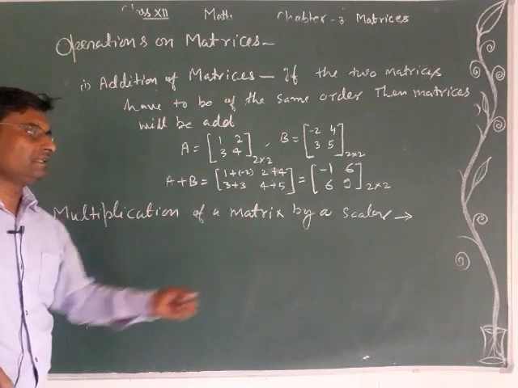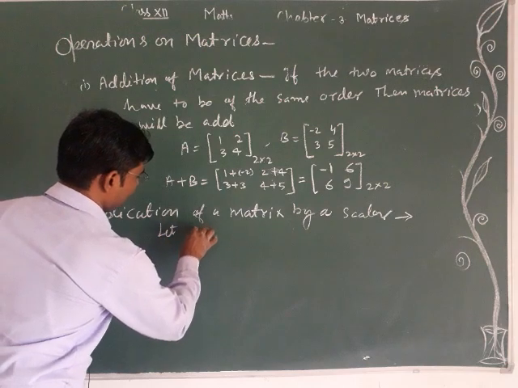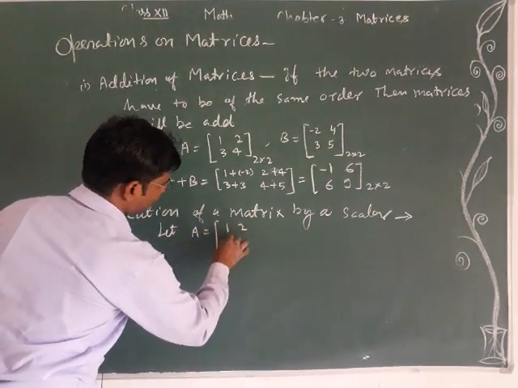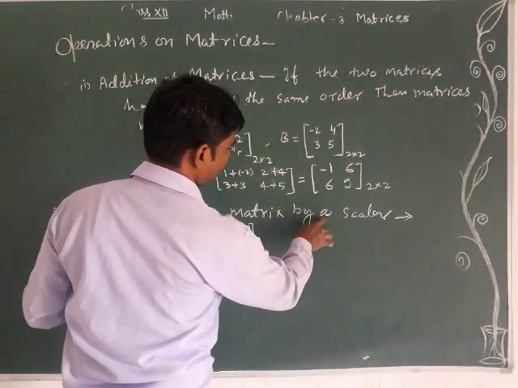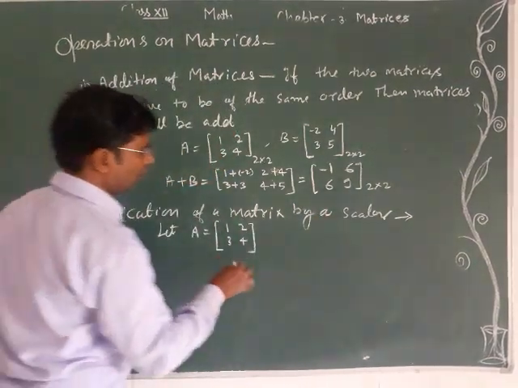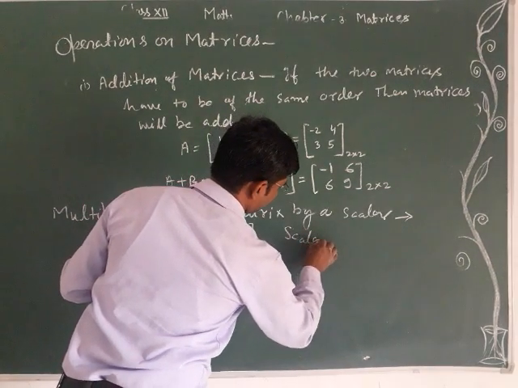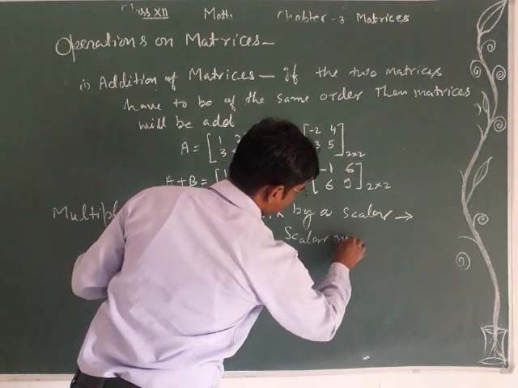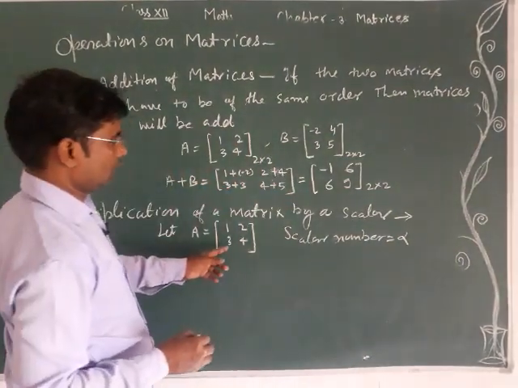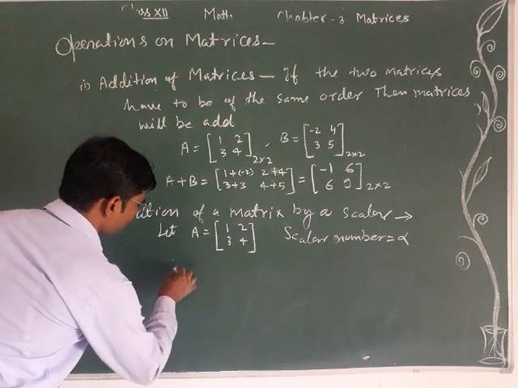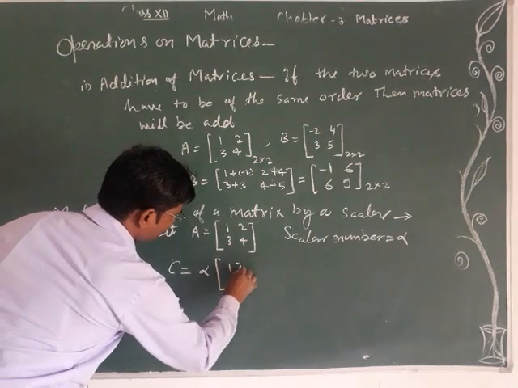Multiplication of a matrix by a scalar. Let matrix A have elements 1, 2, 3, 4 and let alpha be a scalar number. Then the new matrix C is equal to alpha times 1, 2, 3, 4.